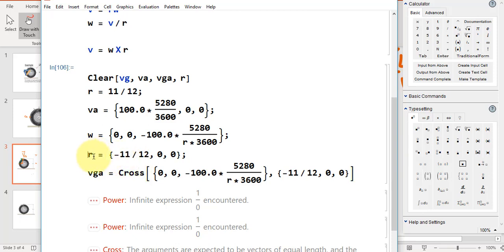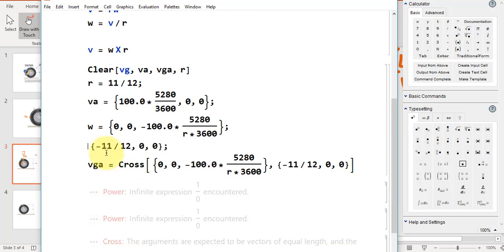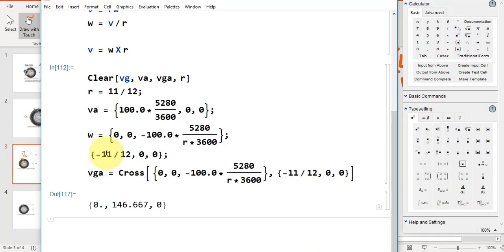So I need to undefine that. So let's just leave it down here. Okay, so here is the velocity of that point G relative to A, and you'll see that the X, Y, Z components cranking through this omega cross R will give us the X, Y, Z components of the rotational piece of this thing.